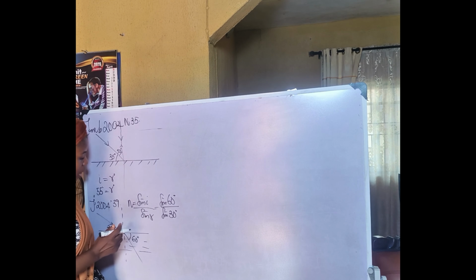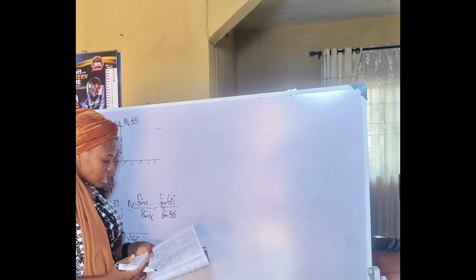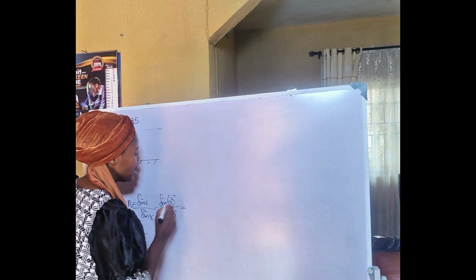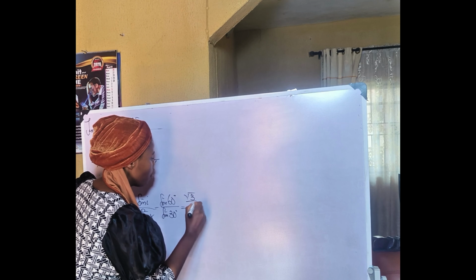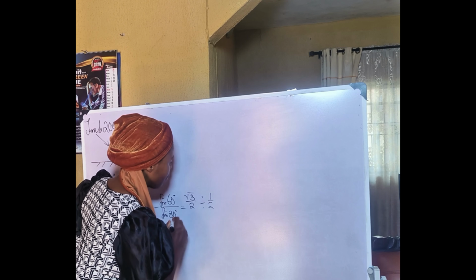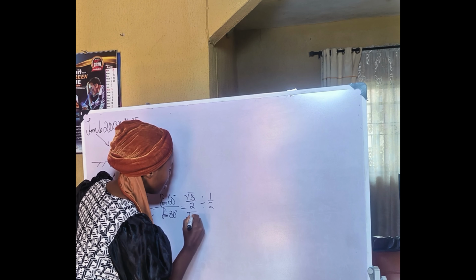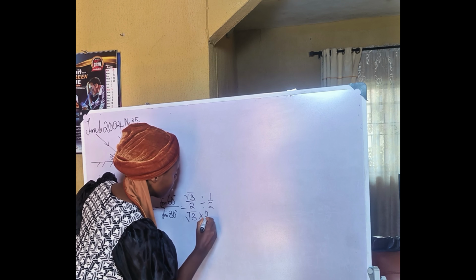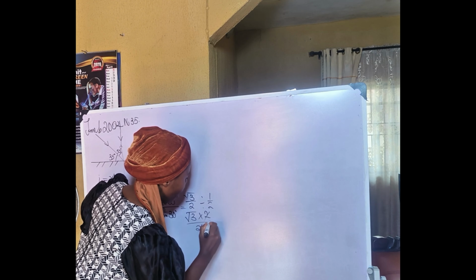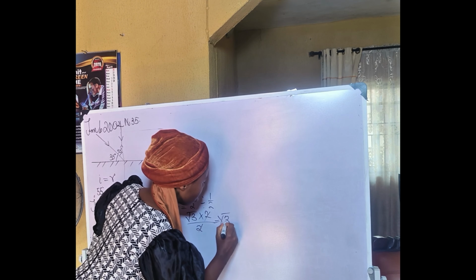We keep talking. We can always look at the answer to know what we should do. Time is so important in JAM, even in every examination. So with this, what is sine 60? Sine 60 is root 3 over 2 divided by sine 30, which is what? Half. So we have root 3 times 2 all over 2. My answer is root 3.